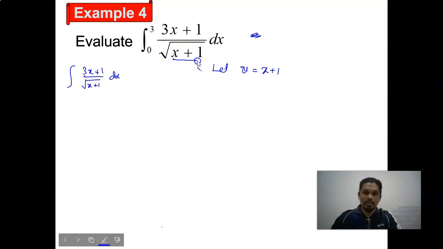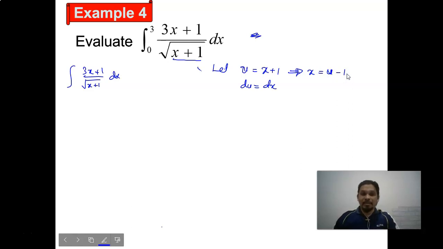We take this term here as our reference, become u here, then du equal to 1 dx, and from here we can come up with x equal to u minus 1.